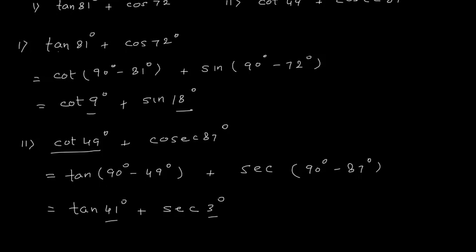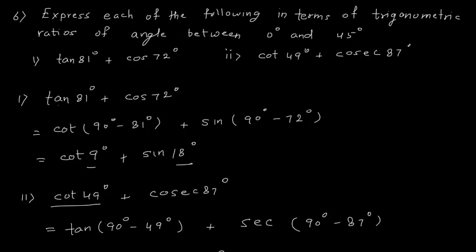So both the angles are less than 45 degree. So this is how you can convert these ratios as ratios of angle between 0 degree and 45 degree. So the angle which is greater than 45 can be reduced by changing sin in cos, cos in sin, tan in cot, cot in tan, and so on.